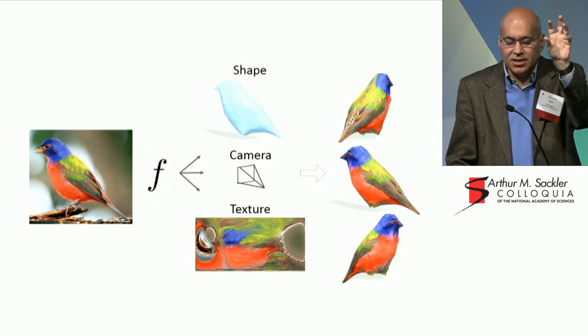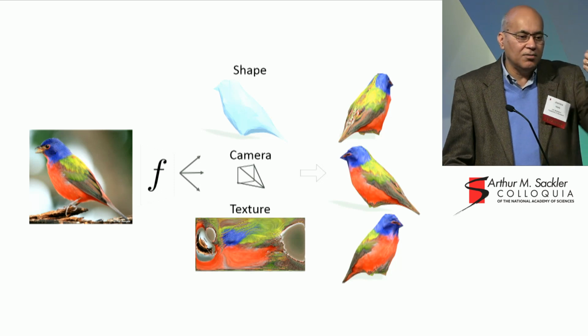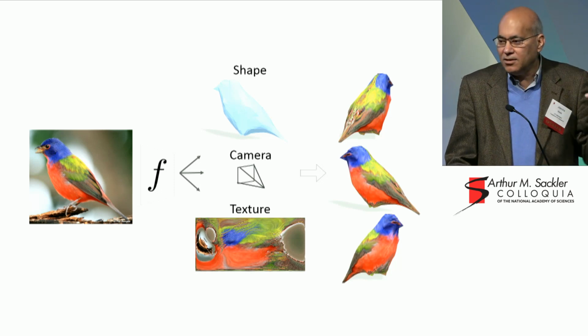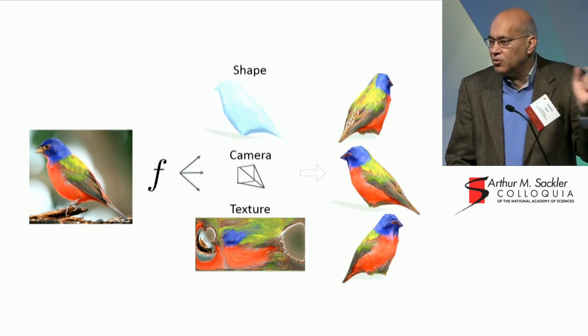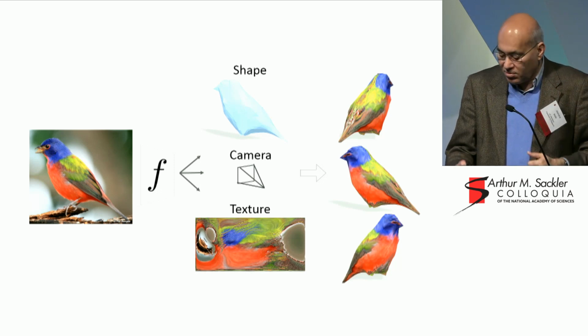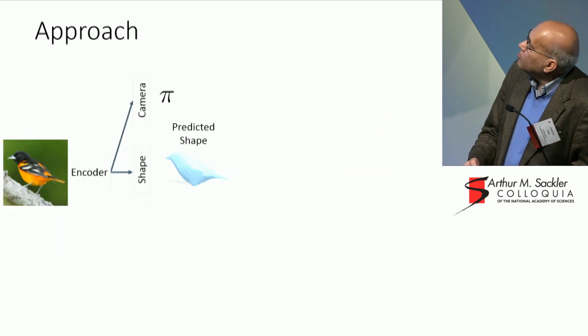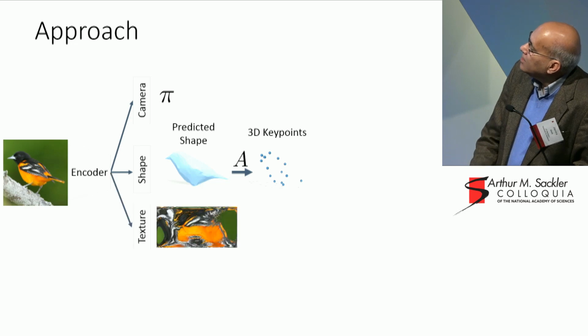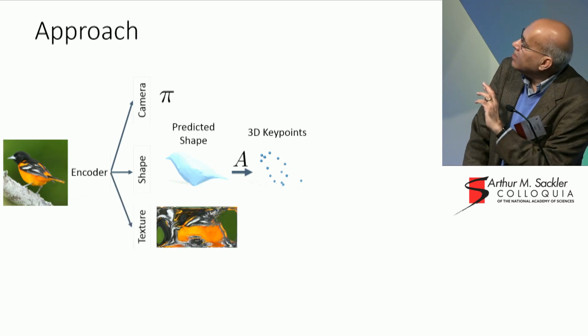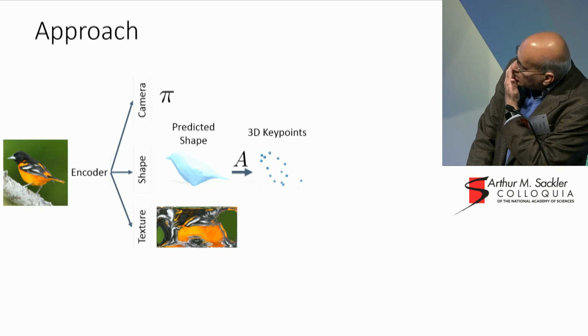So I have a 3D object. It should give rise to the projections for appropriate camera views. So how do we do that? So the approach has to be that you take an image, you run it through an encoder, you predict the camera, shape, etc.